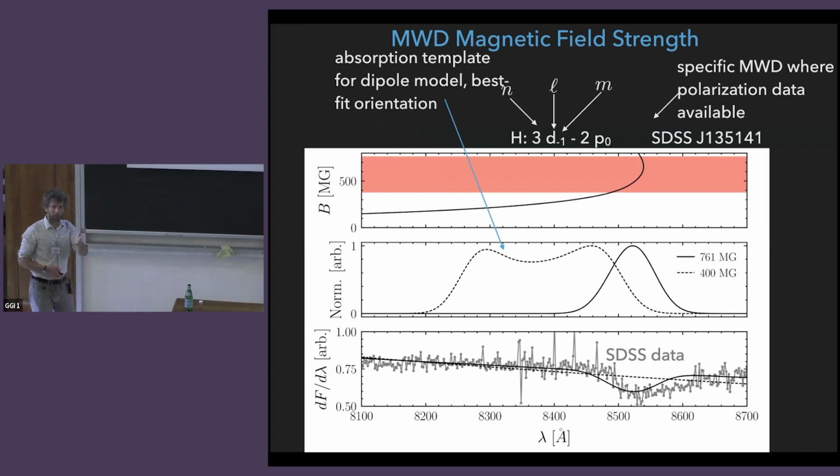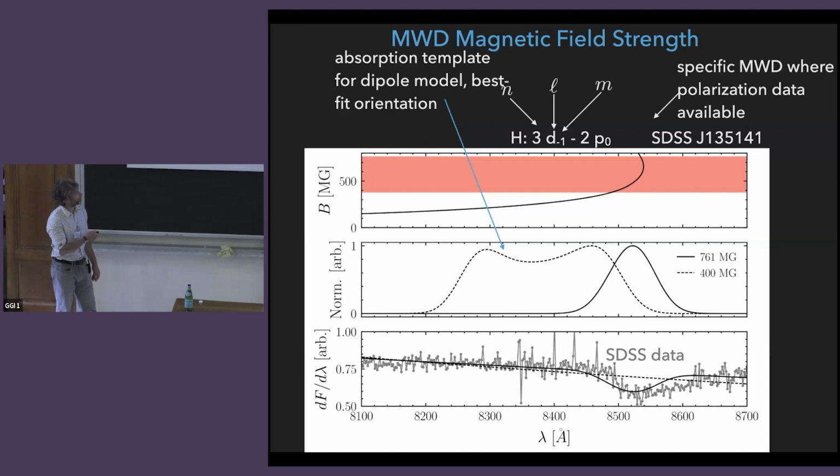So it's not just one magnetic field, it's a distribution which is set by the strength and the inclination of that dipole with respect to us. What you're seeing here are the absorption templates for 2 different dipole magnetic fields, where for these dipole magnetic fields, I've chosen the inclination that gives the best fit to the data. So for the 400 megagauss magnetic field, you can see that it's not going to look anything like the data.